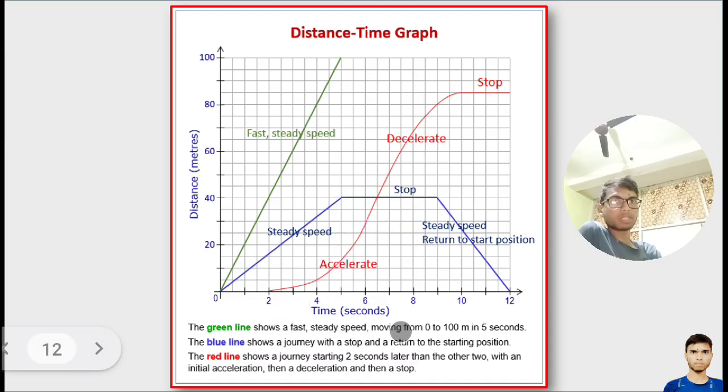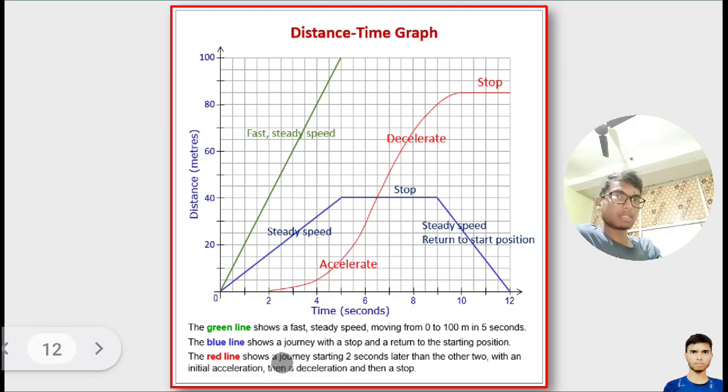The green line shows a fast steady speed. Gradually it will be increasing, steady with equal time. Time will be equal and distance will be equal.